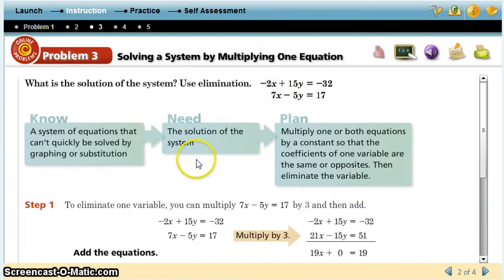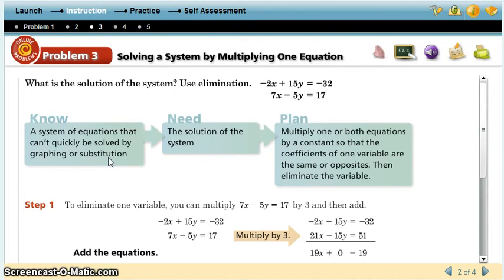So here's what you know. You know you can't solve this quickly using graphing or substitution. This is a plan of action if you think through this whenever you come across systems of equations. Graphing, if it's in y equals mx plus b form, that's your slope-intercept form, is going to be easy to graph. Substitution, if you have one of the two equations solved for a specific variable, the variable's by itself, substitution will probably be pretty easy.